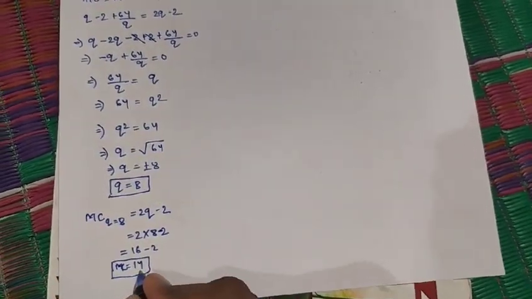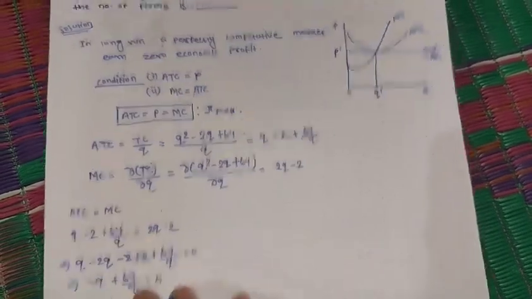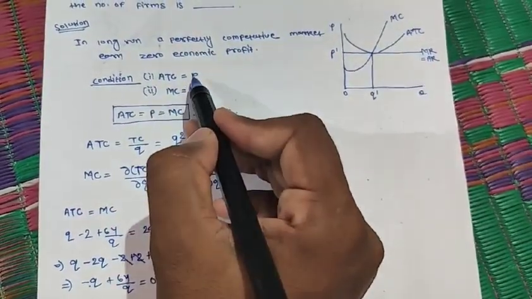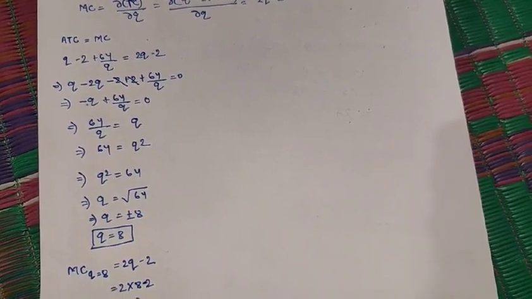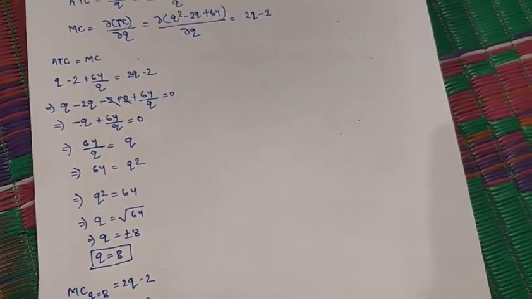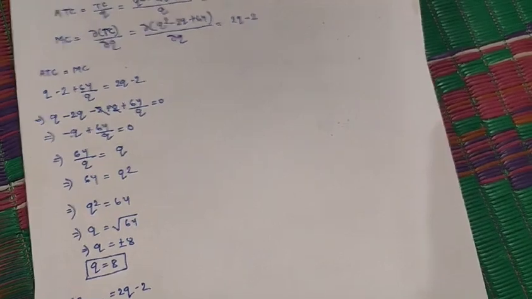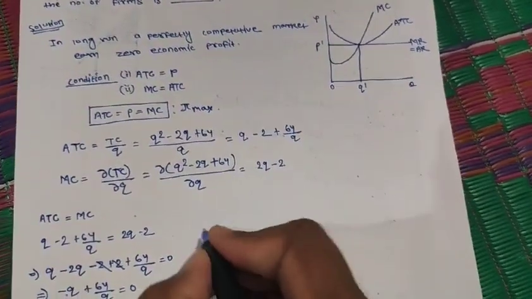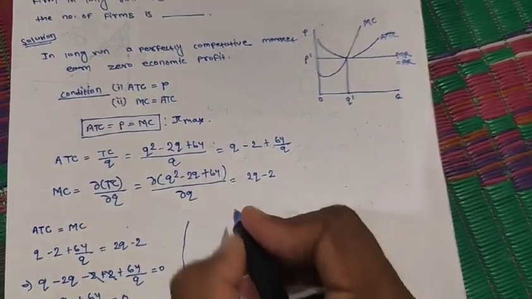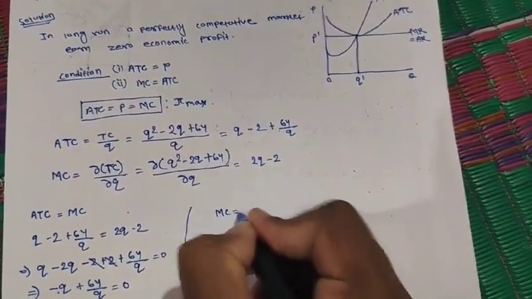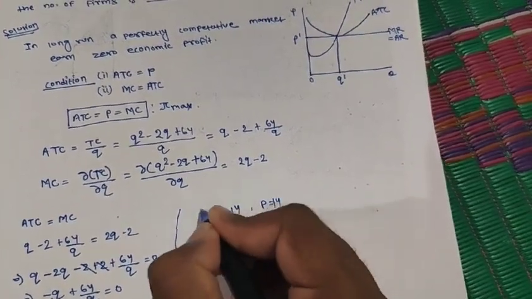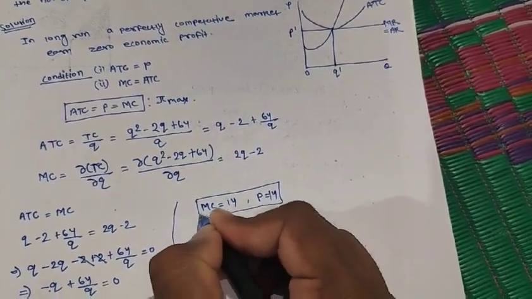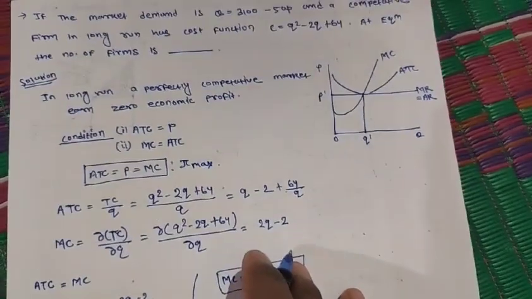When marginal cost equals 14, as we see in the equilibrium condition, that should be equal to price. So here price equals 14. Marginal cost is 14, price equals 14. Now we have to calculate the market quantity, the total quantity.